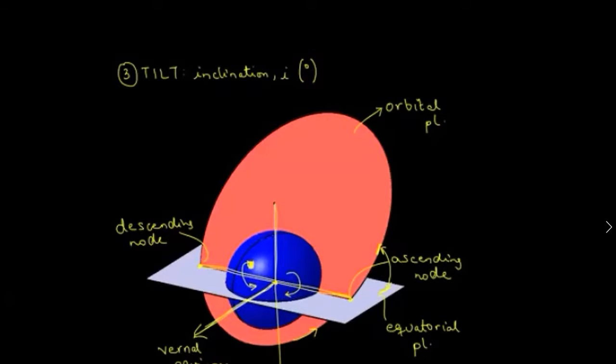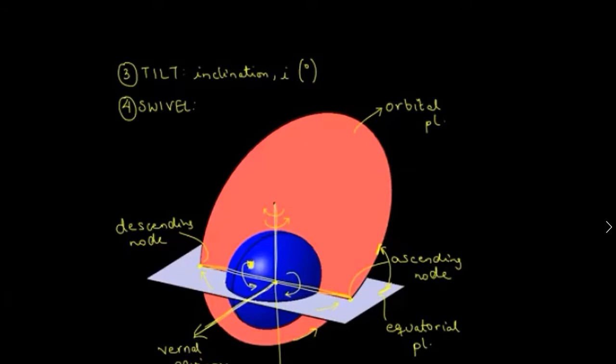Notice here that there is another angle. If I hold the Earth and the equatorial plane as well as the north-south pole axis steady, I can, without changing this tilt angle, simply swivel this orbit around the North Pole one way or the other way, thereby shifting both the nodes this way or that way, depending on how I tilt or swivel this orbit. And this is the fourth parameter, that which determines the swivel of the orbit. How do we measure it?